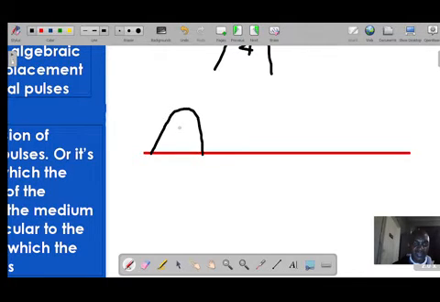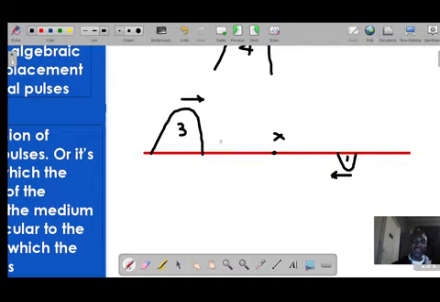This one is also, let me say, 3 meters, moving to the right, and another pulse which is now facing downwards, let me say 1 meter amplitude, moving to the left. After a certain time, these pulses are going to meet here at point X.